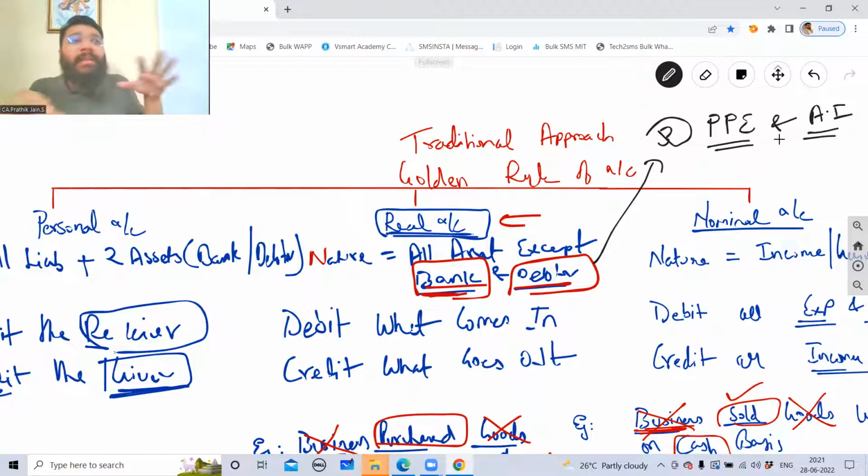But when normal things happen, the brain is designed so that within 24 hours it will auto erase. Whatever you're learning now, which you think you'll remember forever, trust me, 80% of that will get erased in the next 24 hours.